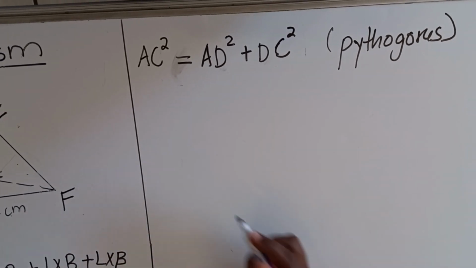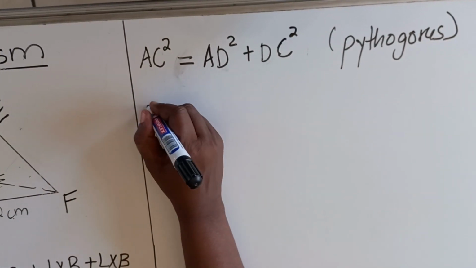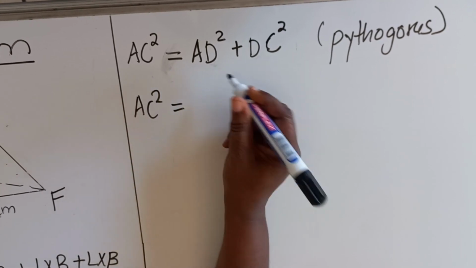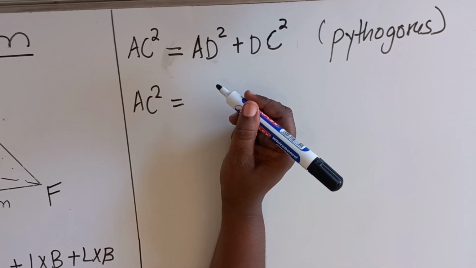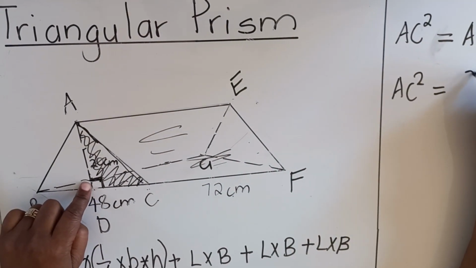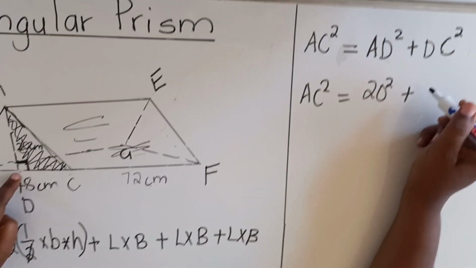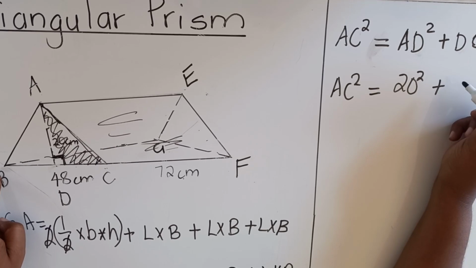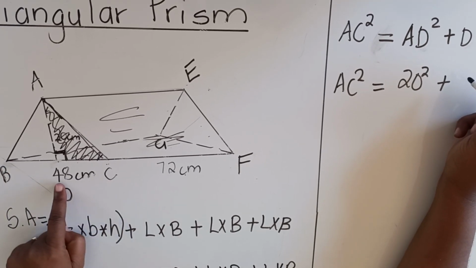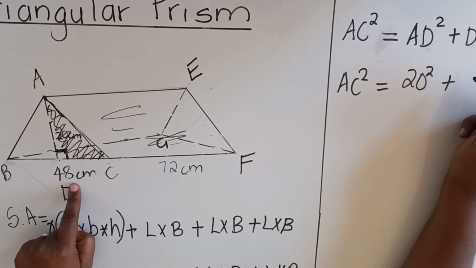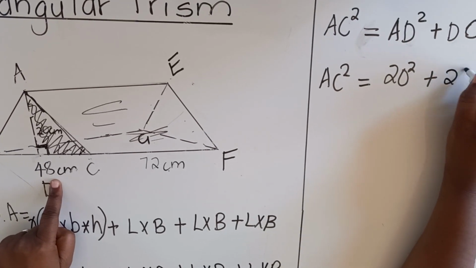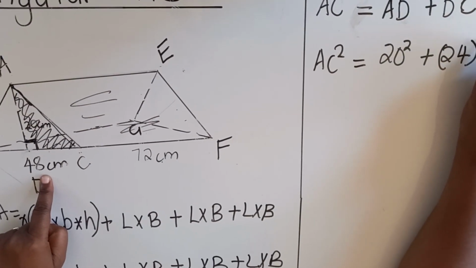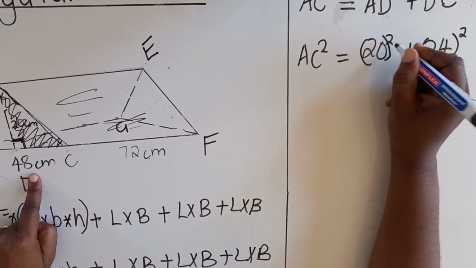Then let's put in values. AC squared is what we are looking for. We don't know it. It equals AD squared, this line, they gave us, it's 20 squared, plus DC squared. Do you see? DC is half of BC, so half of 48 is 24. Always put brackets around in case you have a negative.